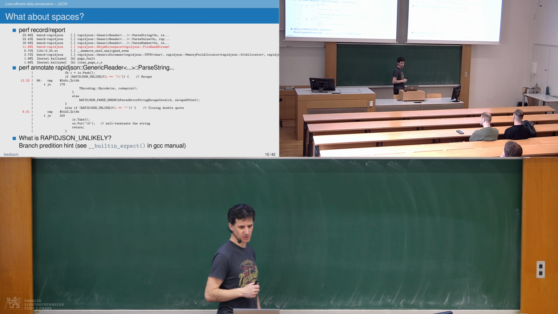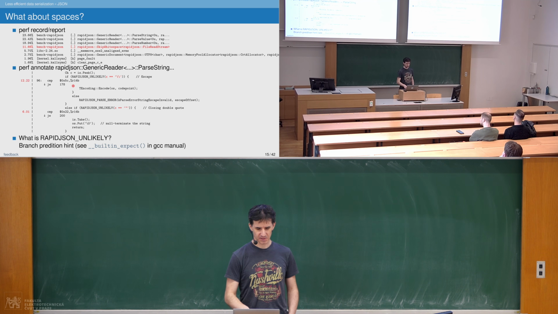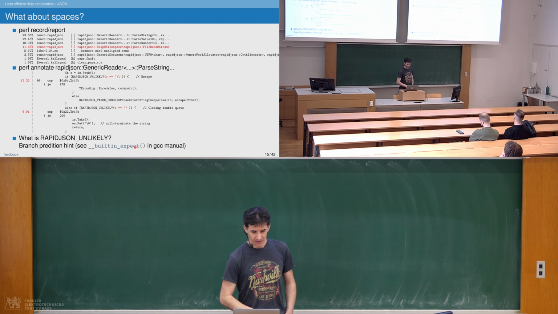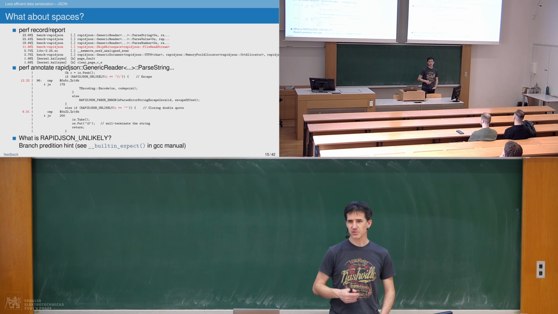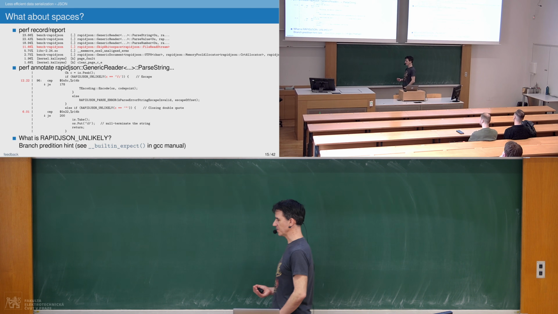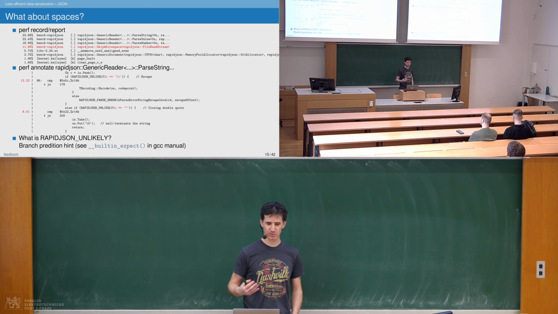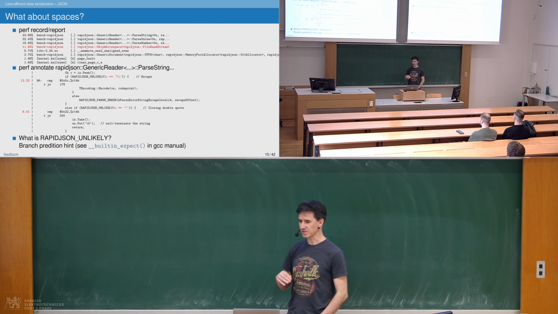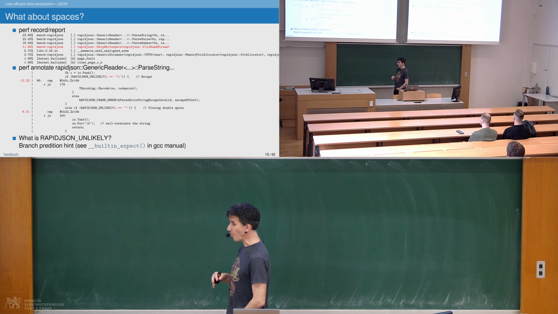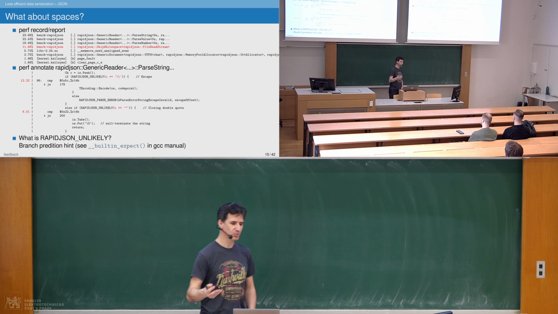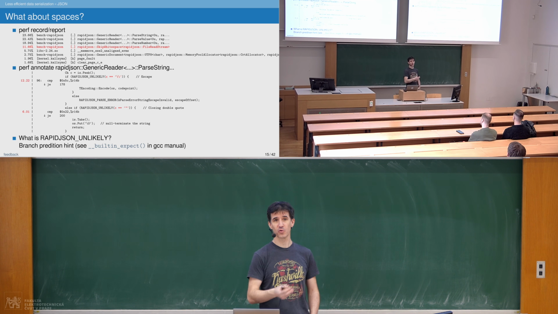If you look into the source code of that library, you will see that this is a macro, and basically this macro translates to a function called __builtin_expect. If you see what this function is, you will learn that this is actually not a real function. This is a hint to the compiler, and this hint tells the compiler whether the condition is likely to be true or false.